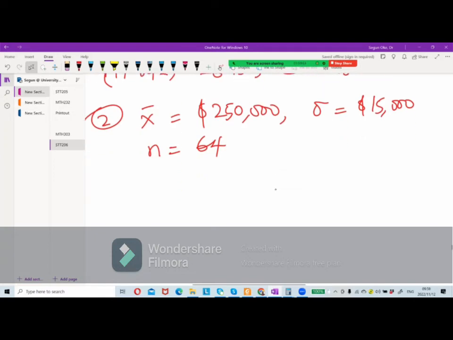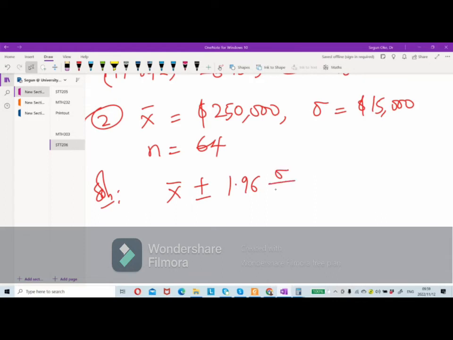So all you need to use, the solution will be X bar plus or minus 1.96 at 95%, then the error. So solve it. Let's see who will get it, the estimate.